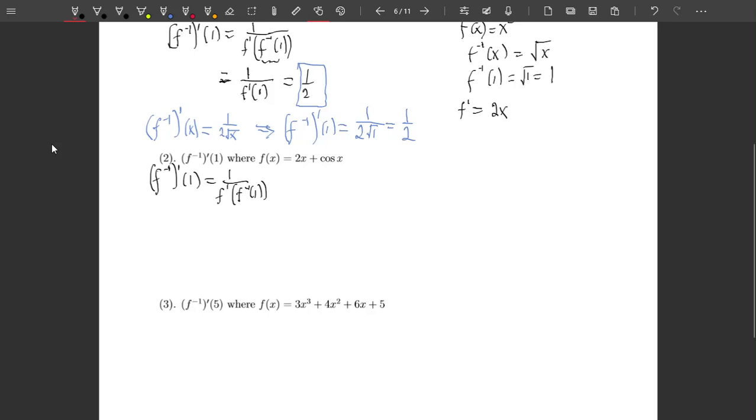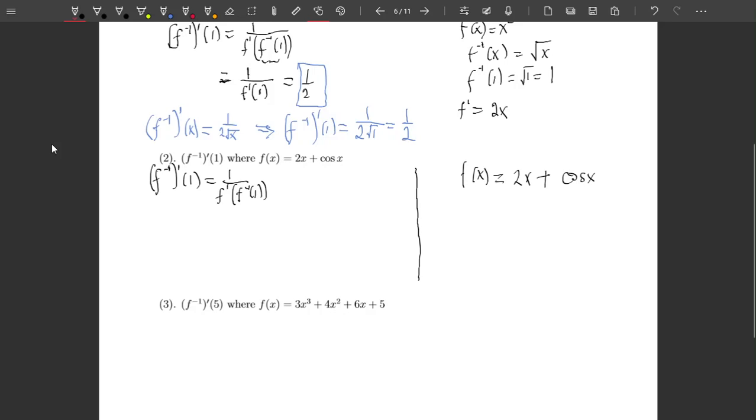So now we need f inverse of 1. I'm going to do that here. I know that my f of x by definition is equal to 2x plus cosine of x. However, how do I get my f inverse of 1?